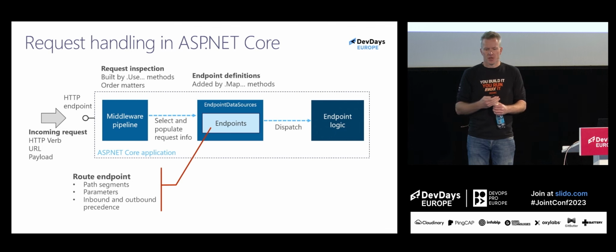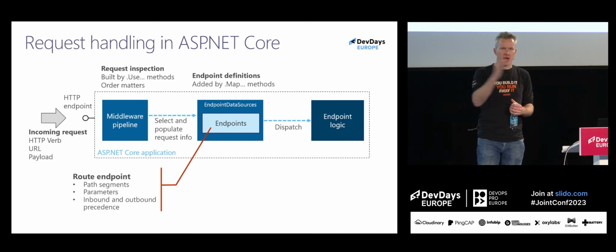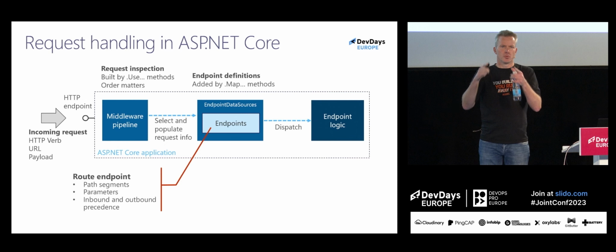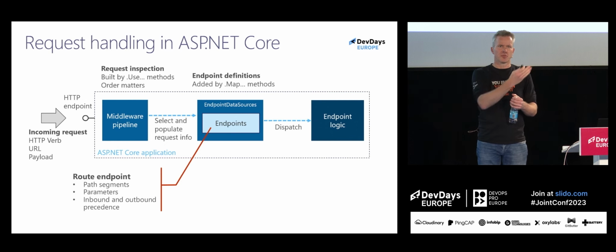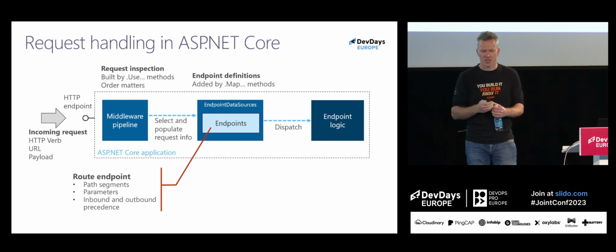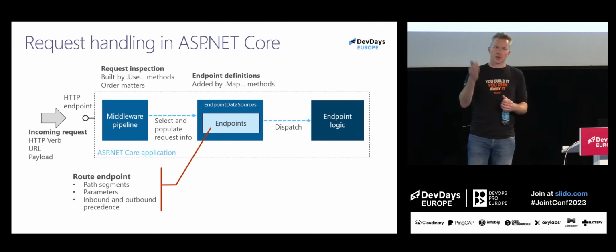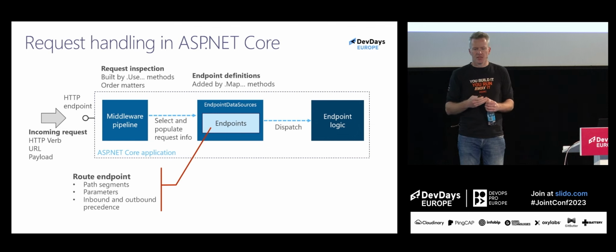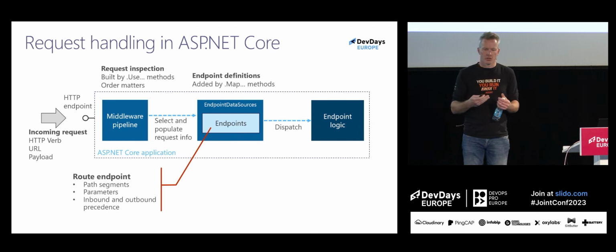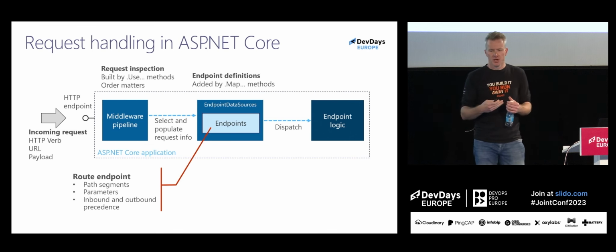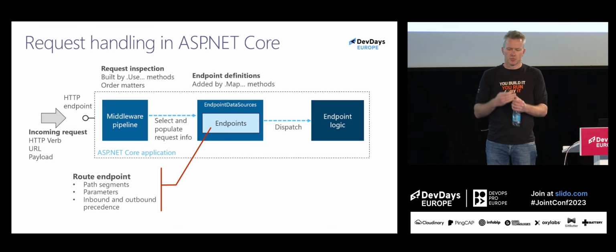And well, this route endpoint is a definition that says, okay, these are the path segments, and you can do placeholders there, so you can extract the information from those segments. You can have parameters like query string parameters, and you have some inbound and outbound precedence of the endpoints, which might be relevant in the registration.